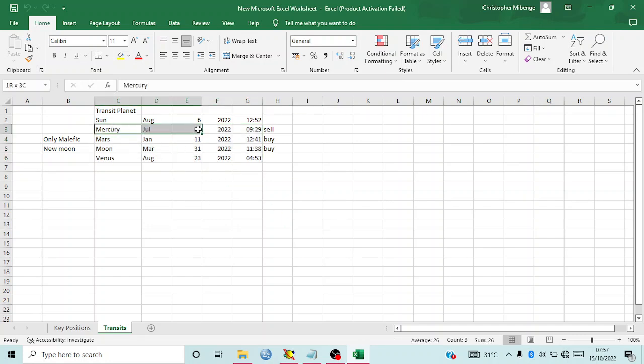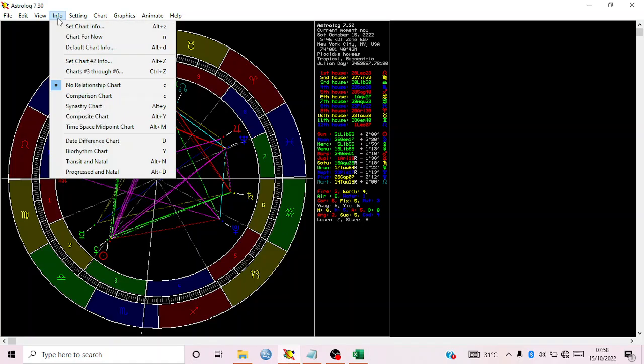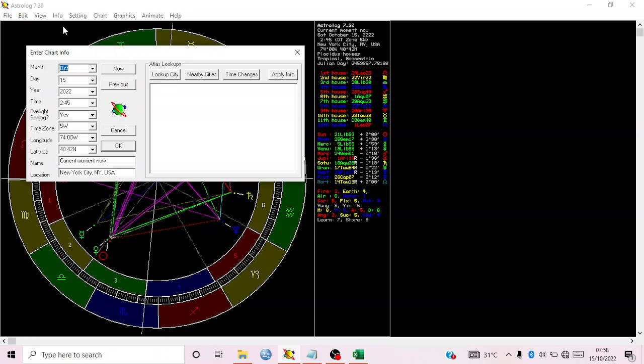I'm going to start with the transit that Mercury made on July 26, 2022 at 9:29. So we'll open Astrolog 7.3. Once we open Astrolog 7.3, we'll go to Info, then it says Chart Info.